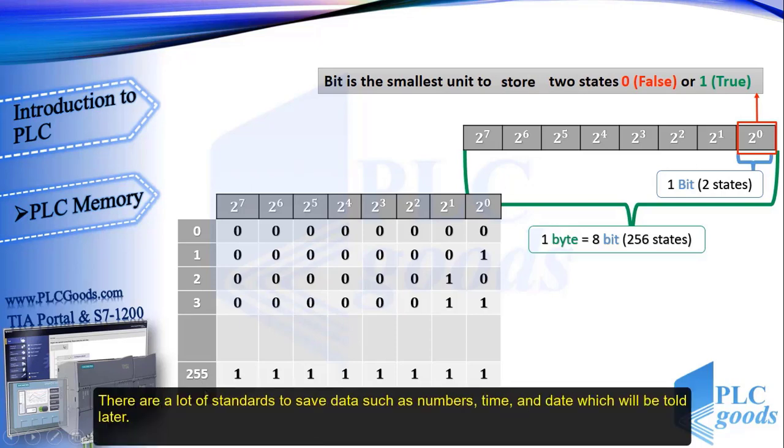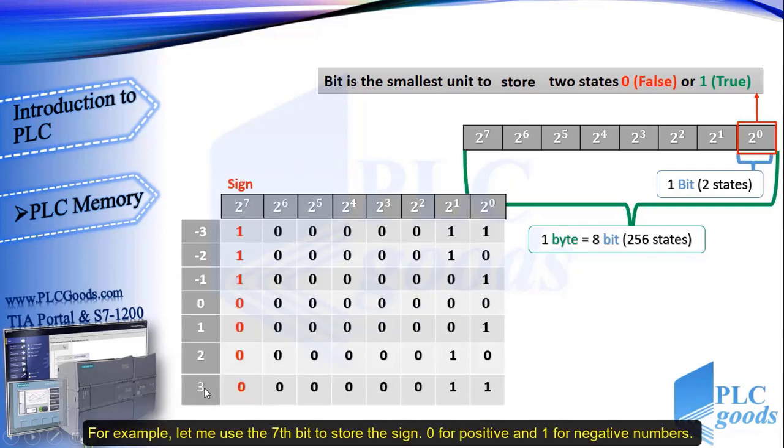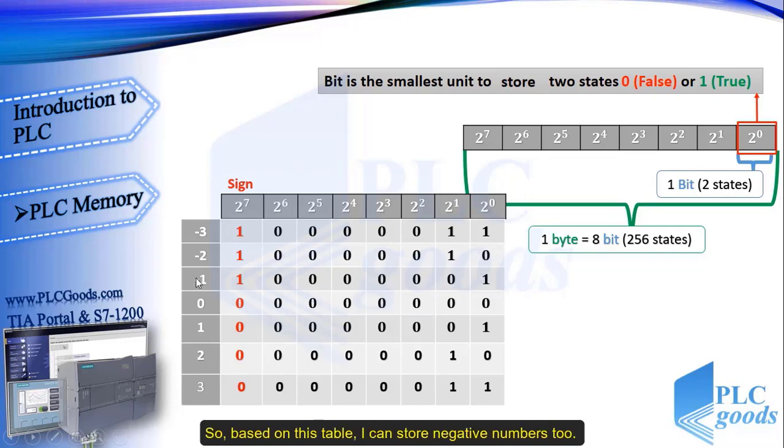There are a lot of standards to save data, such as numbers, time, and date, which will be told later. For example, let me use the 7th bit to store the sign, 0 for positive and 1 for negative numbers. So based on this table, I can store negative numbers too.